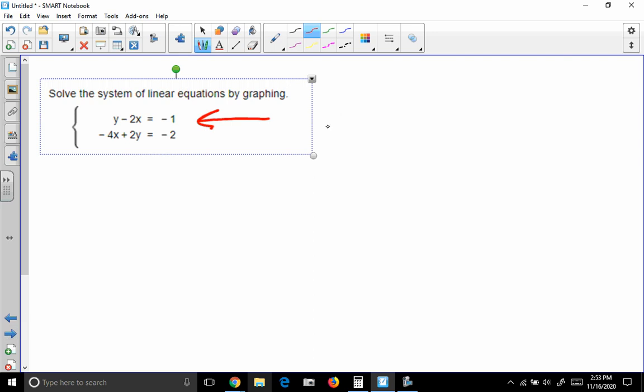Sometimes they'll say that the solution is the set of what? Well, they're ordered pairs such that, and then they get us to list one of the equations. So our solutions are all ordered pairs such that our point satisfies that equation.